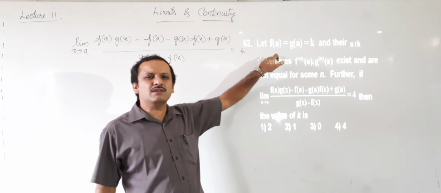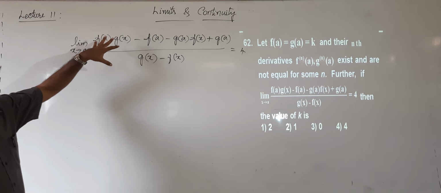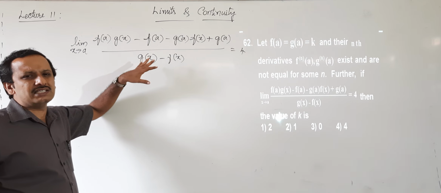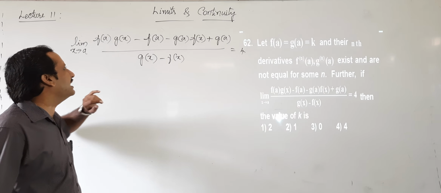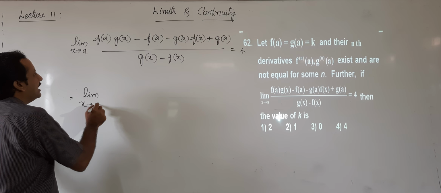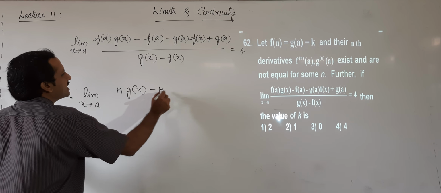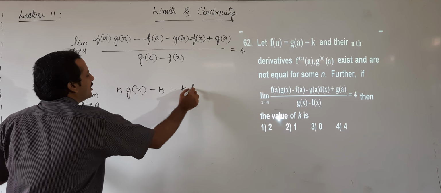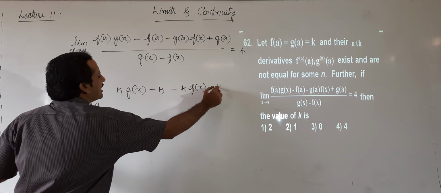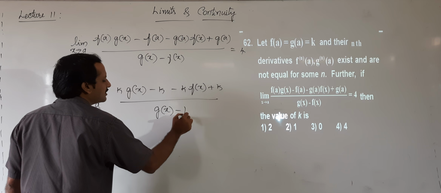F of a is equal to g of a is equal to k. So in this limit, wherever there is f of a and wherever there is g of a, I will replace it by k. In place of g of a and f of a, I will write k. So I am getting k into g of x minus k into f of x plus k divided by g of x minus f of x.